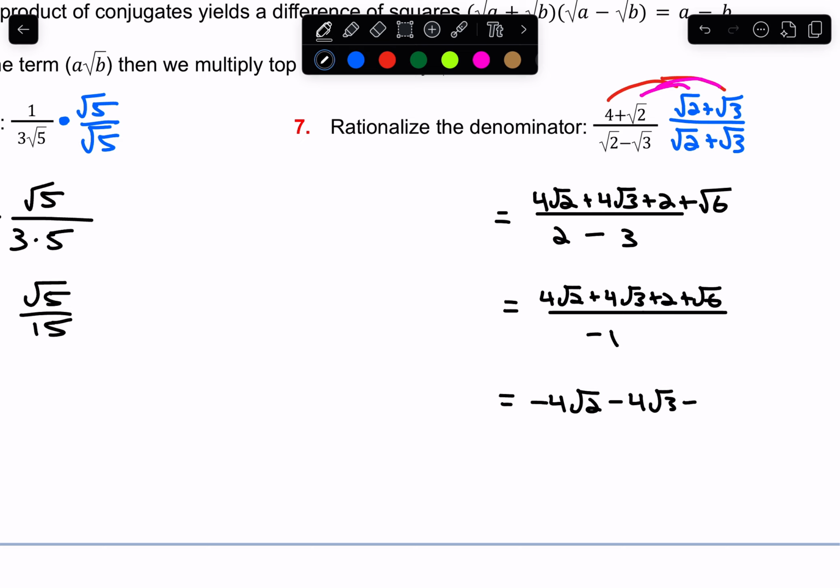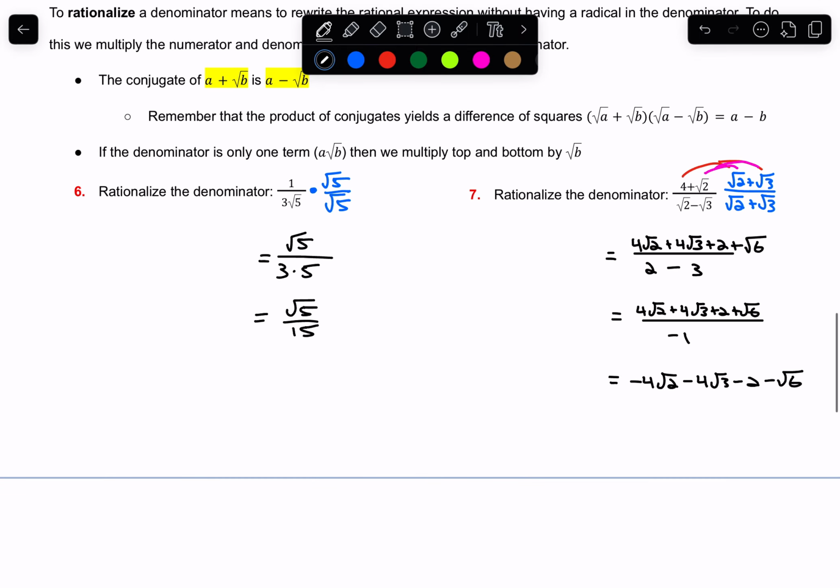But now we don't have to write a denominator anymore. So we just get this long expression. It's negative 4 square root 2 minus 4 square root 3 minus 2 minus square root 6. And that may not seem simplified, but the goal was to rationalize the denominator, not necessarily make it look nicer. All right. So we're all done rationalizing the denominator.